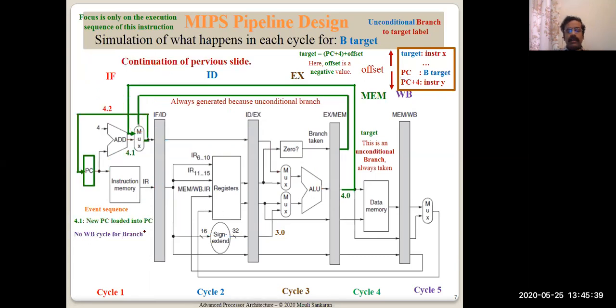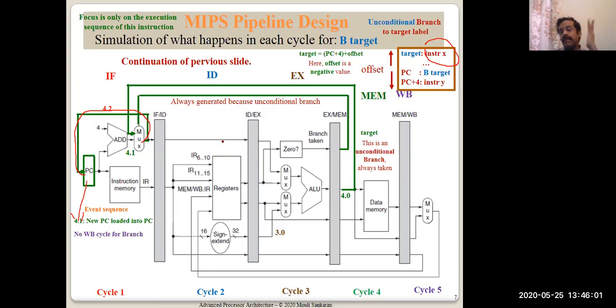Now, in the next slide, I'm showing you that the new PC value is getting into the PC and then getting accessed also. So instruction X will be accessed now, because we have computed the new target address and loaded it into the PC.